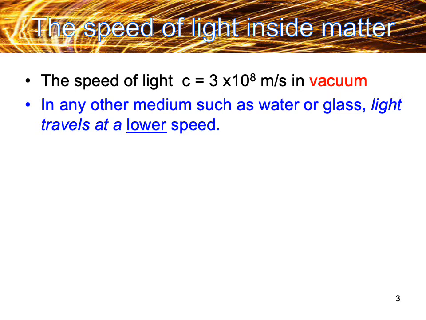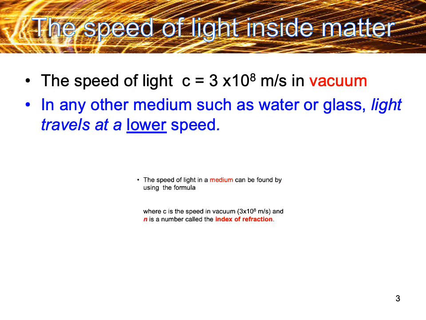And this is the maximum speed that anything can travel. But it's known that the light travels at a lower speed inside other materials, like glass or water or air, right? Because it's not vacuum, it's made out of stuff, matter.